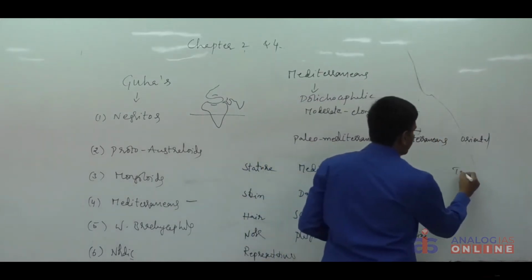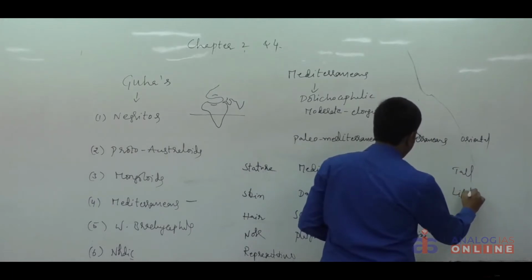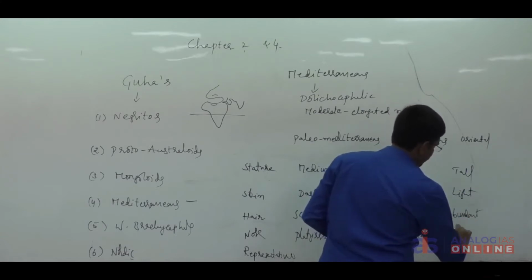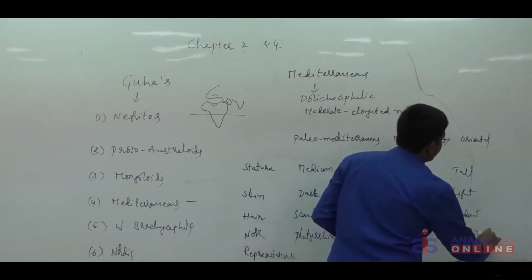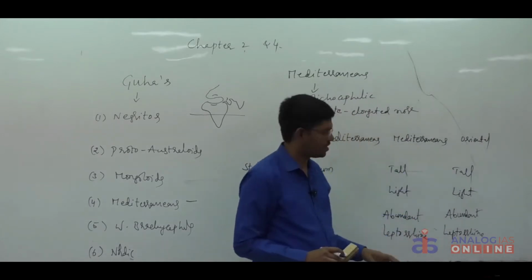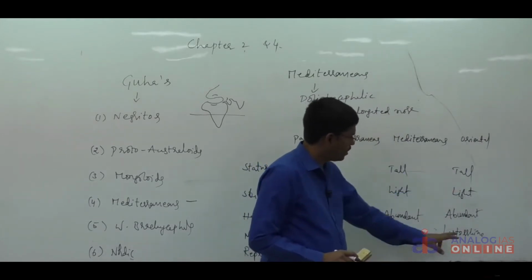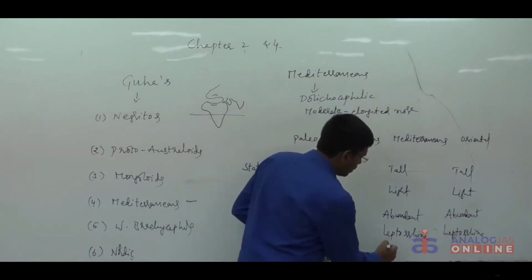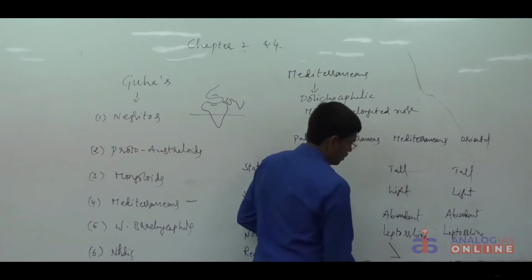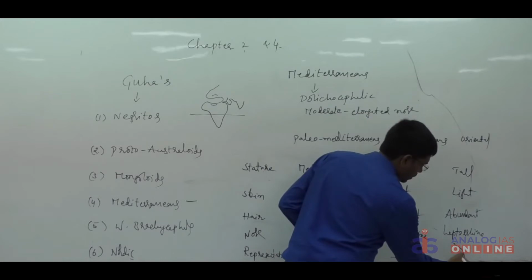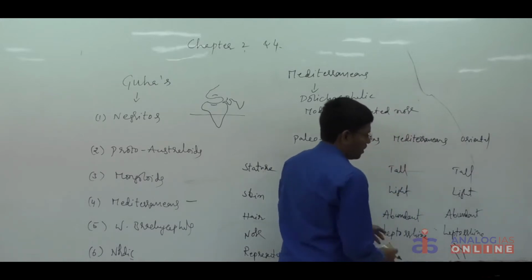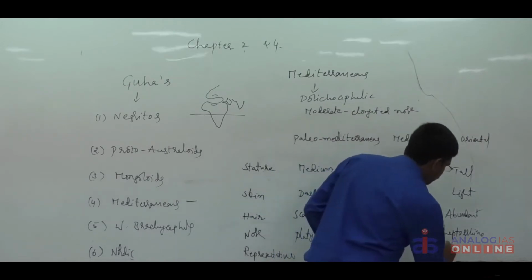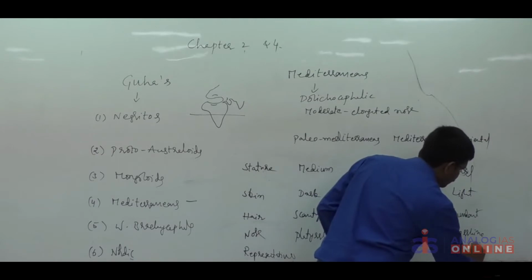That means tall stature is there, light color skin is there, abundant hair is there, leptorrhine nose is there. Then you may get confusion, sir, both are having same characteristics. But in the Oriental, even though they have leptorrhine nose like that of Mediterraneans, this nose is more convex. If they have nose like this, here they have nose like this. They have elongated nose but with more convexity.